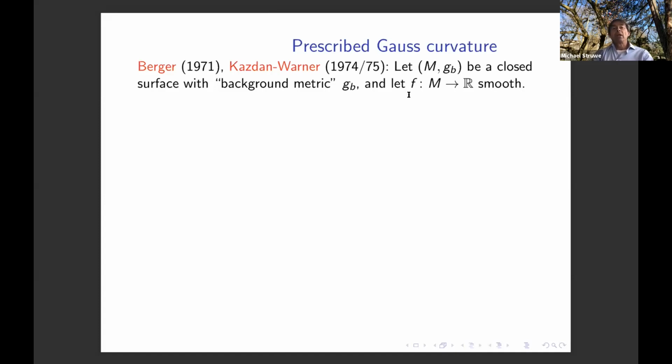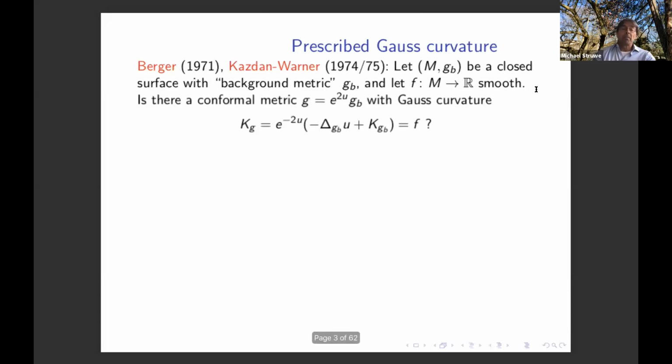Then we let f be a smooth function given on M, and we want to find conformal metrics, that is metrics g equal e to the 2u times the background metric, having Gauss curvature equal to f. There's a formula for the Gauss curvature in terms of the function u, which I've written down here.